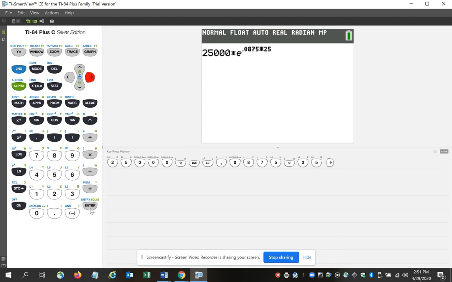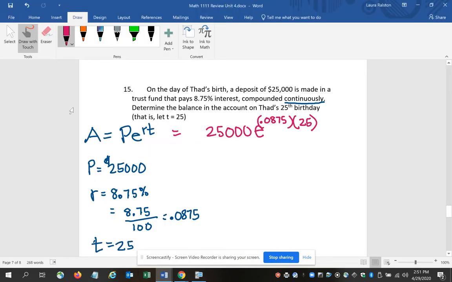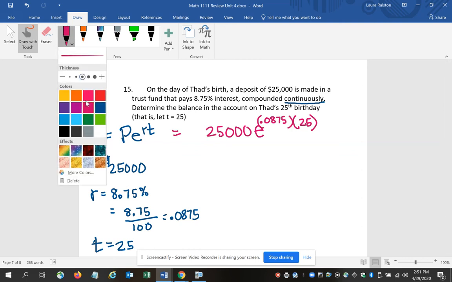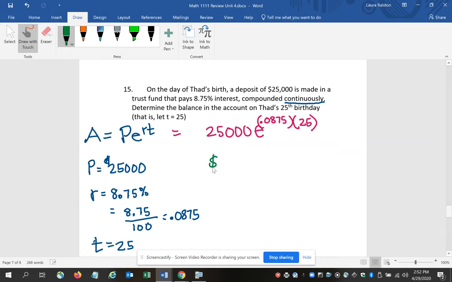Arrow out, equals. He would have $222,822.57. Guys, you got to utilize the calculator. So he ends up with $222,822.57.